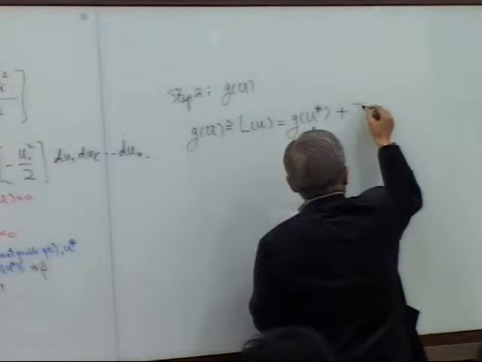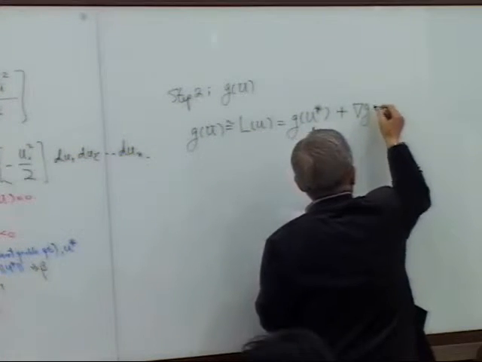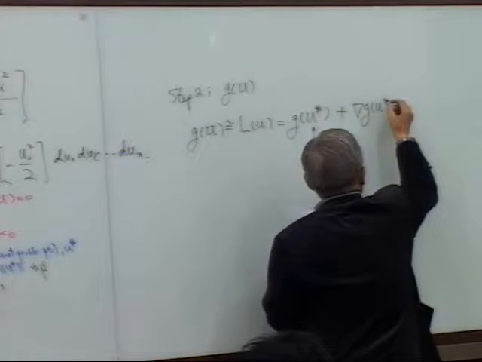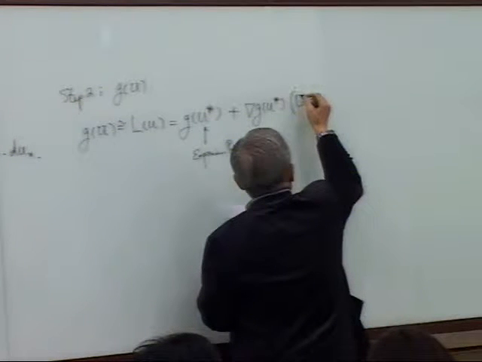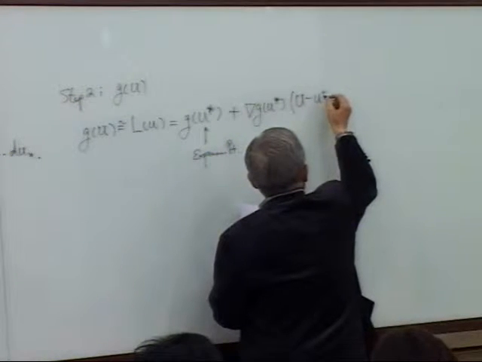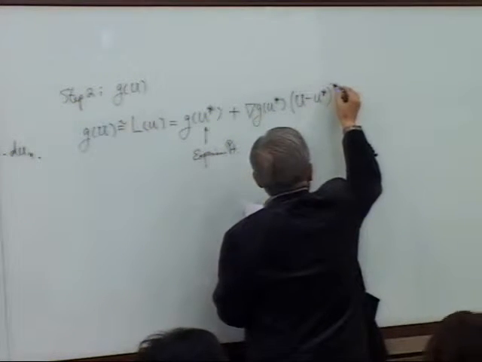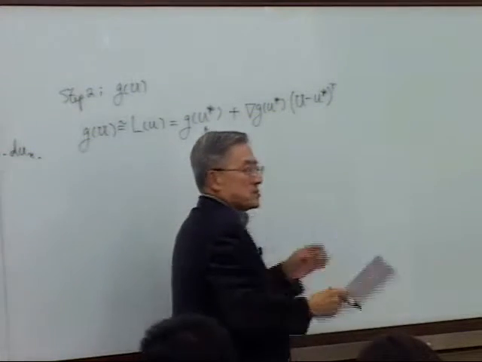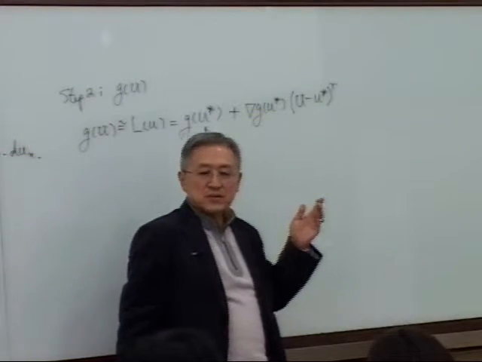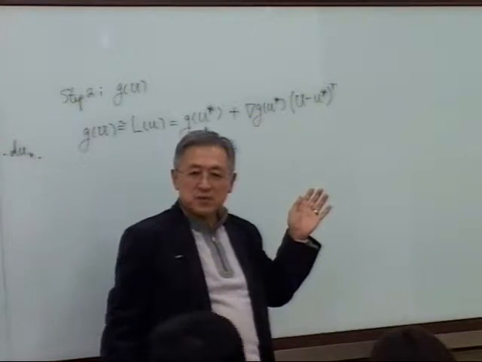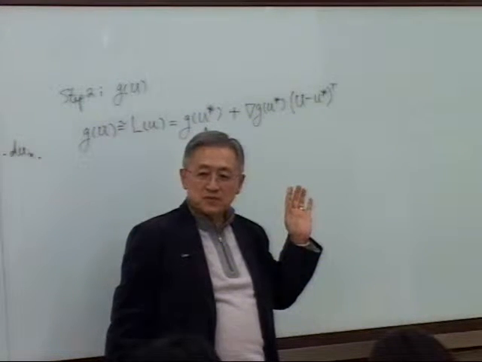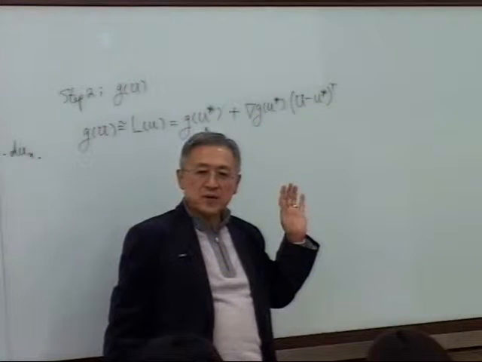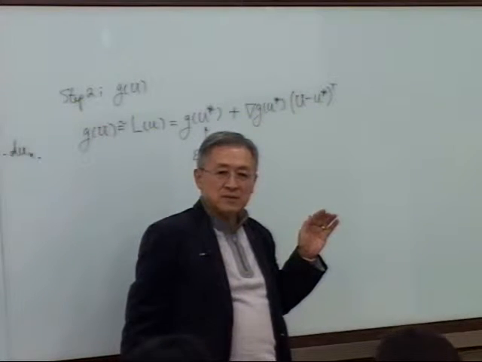The second term is the gradient of G(U star) and (U minus U star) transpose. If it's one-dimensional, it's a straight multiplication. But this is n-dimensional, the multiplication of n-dimensional vectors.